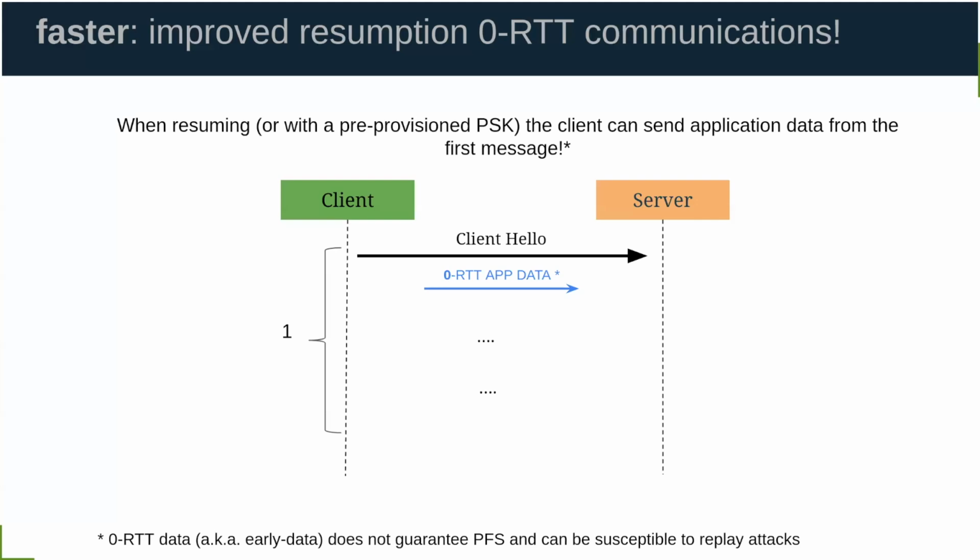Something called zero RTT application data, or also known as early data. This data does not have the same guarantees as the other data, unfortunately, but it can be really useful if you really need a fast response from a server.